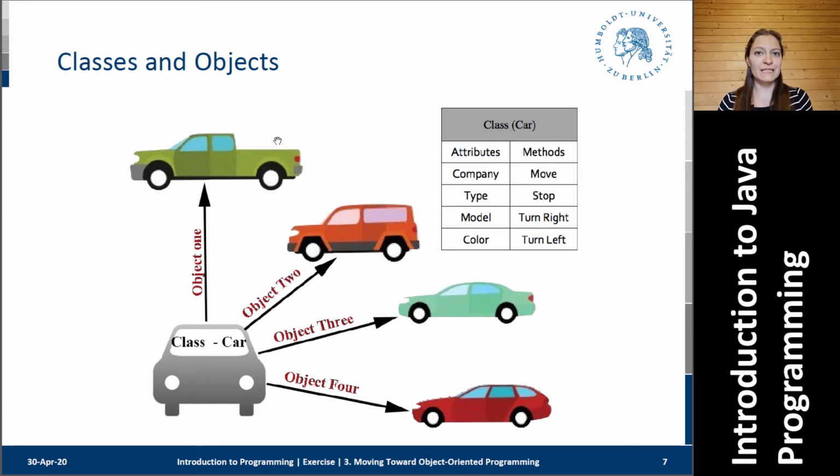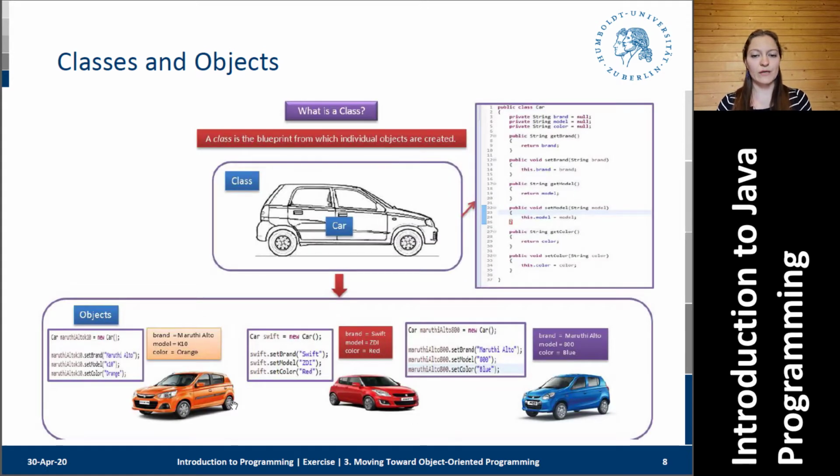An object is an instance of a class, so you can have multiple objects that come from one class. And all those objects can use the methods and variables, so the data and behavior that were already defined in a class.